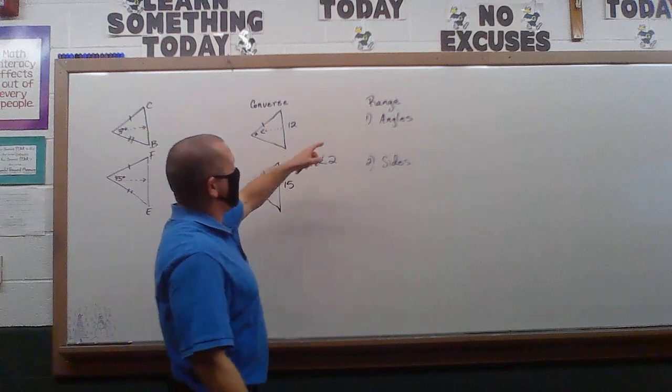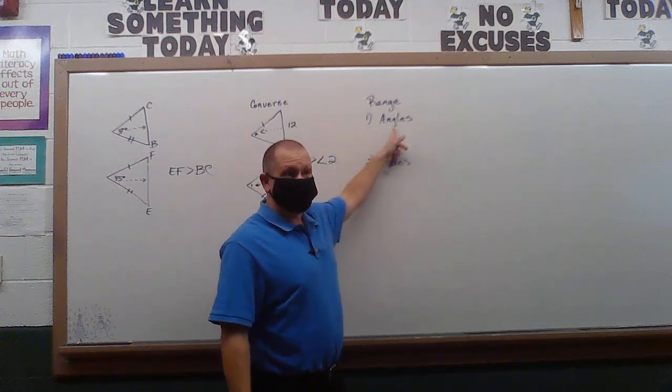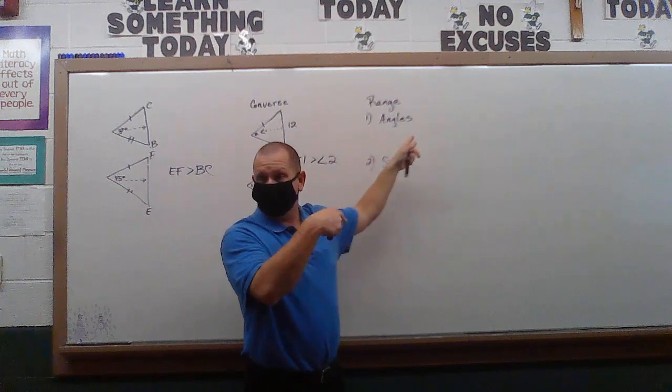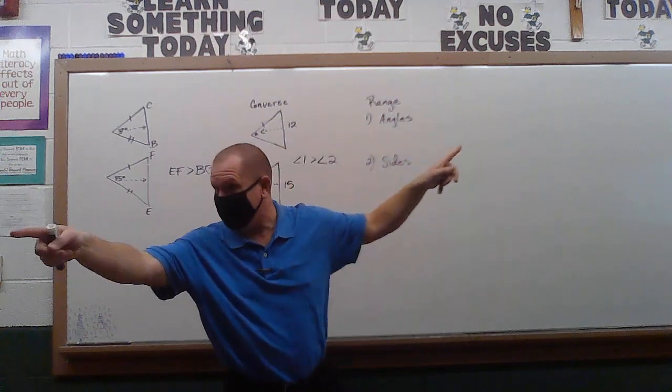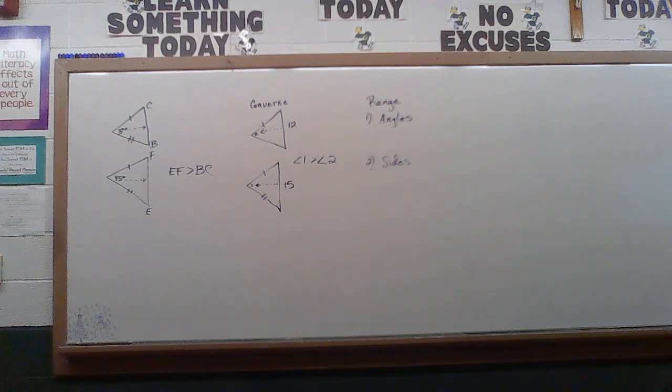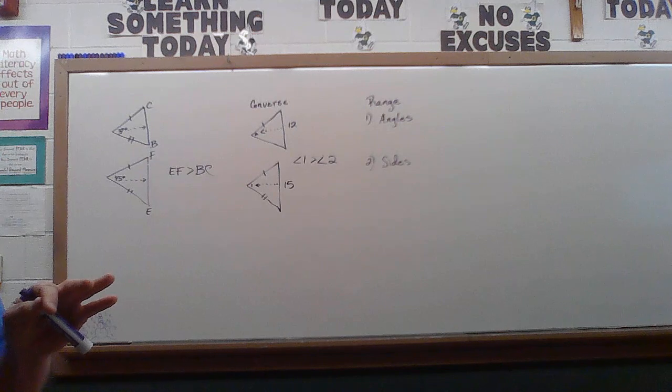And when we talked about angles, if the first one is less than, the other one has to be greater than, and it has to be greater than what? 0. It's got to be greater than 0. If the original one is greater than, the second one has to be less than 180. Why? Because all three of my angles in a triangle have to be equal to 180.